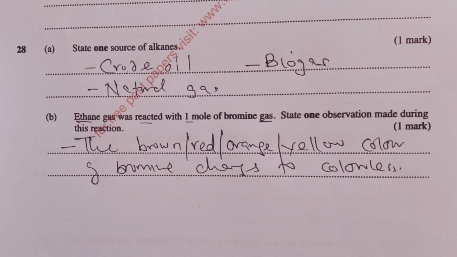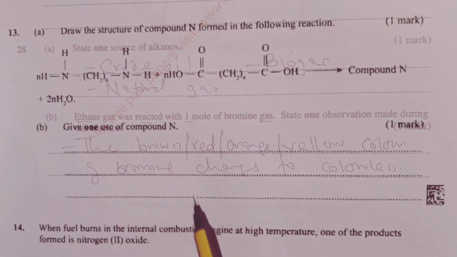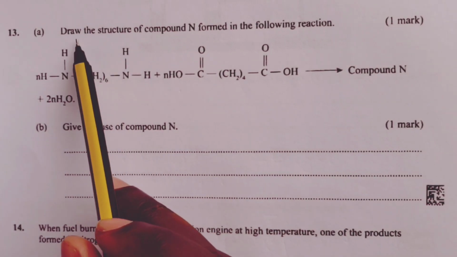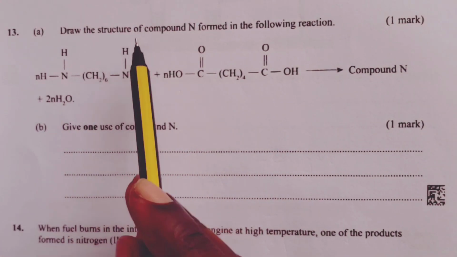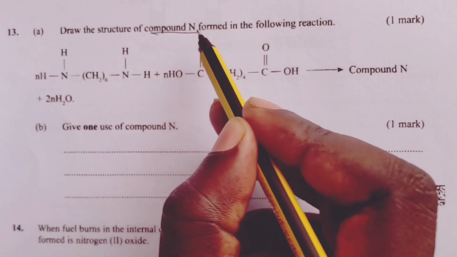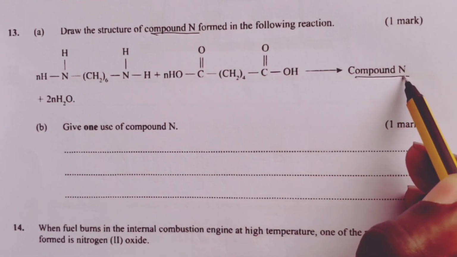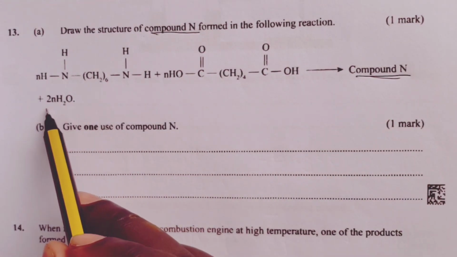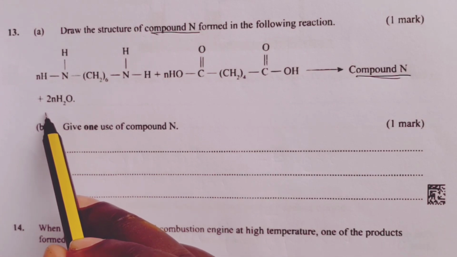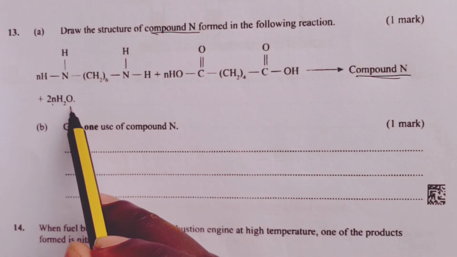We now cross over to the year 2016, where we look at question number 13. We are told to draw the structure of compound N. Compound N is our product here, having been formed together with 2N moles of water.